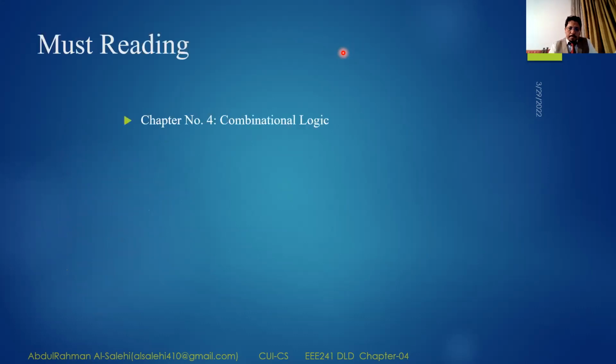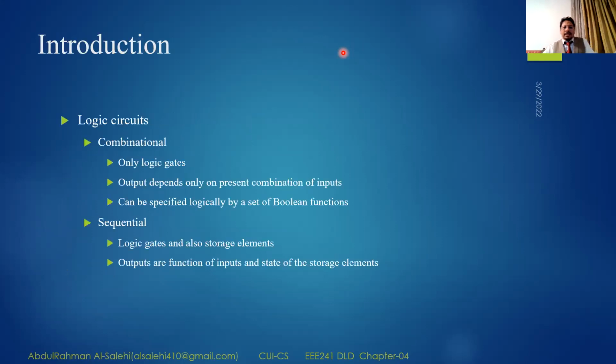So let's define what combinational gates or logic circuits are. When we talk about any logic circuits, we are talking basically about the logic gates and the outputs that depend only on the present combination of the inputs.